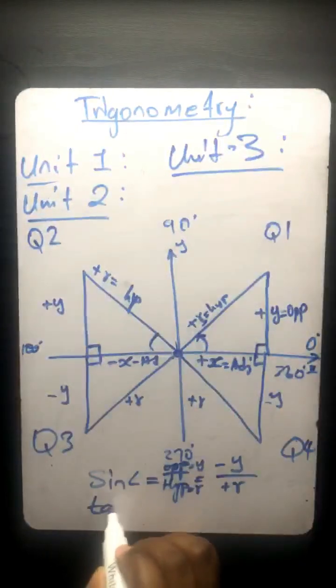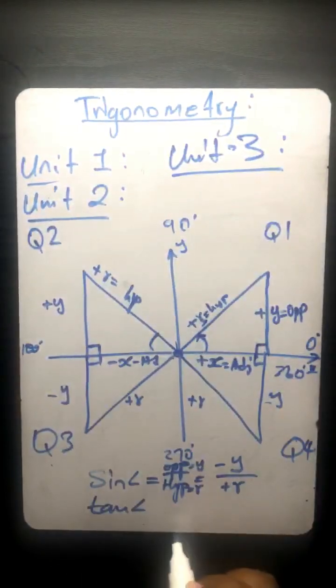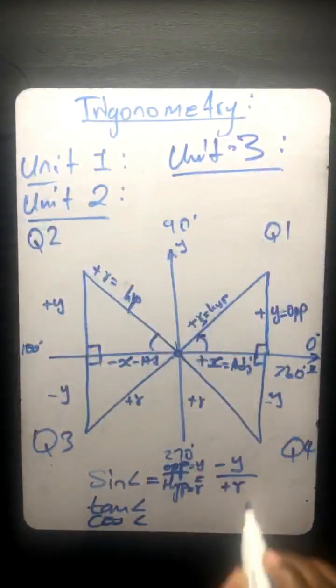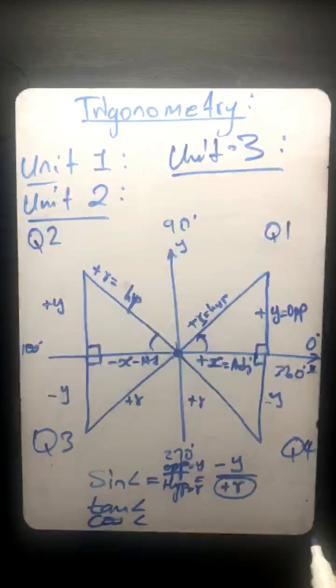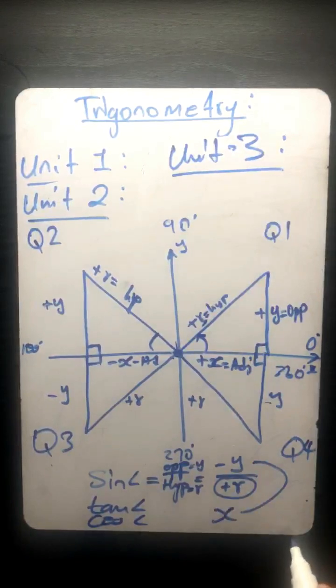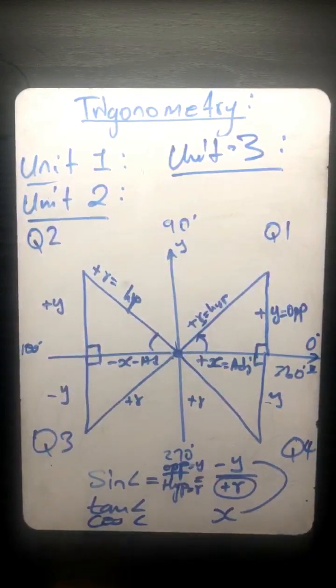You can still ask yourself the same question when it comes to tan and also when it comes to cos. You know your r at all times will be positive, but when it comes to your x or your y, ask yourself this question: in which quadrant is the triangle drawn?